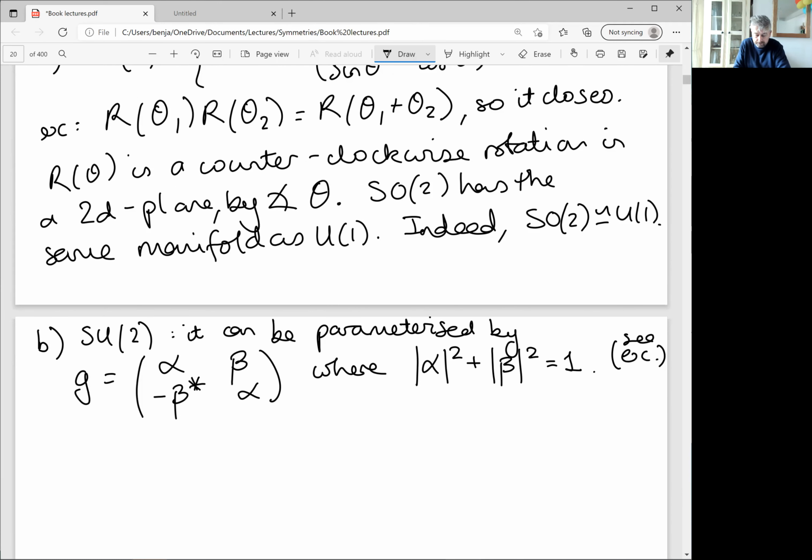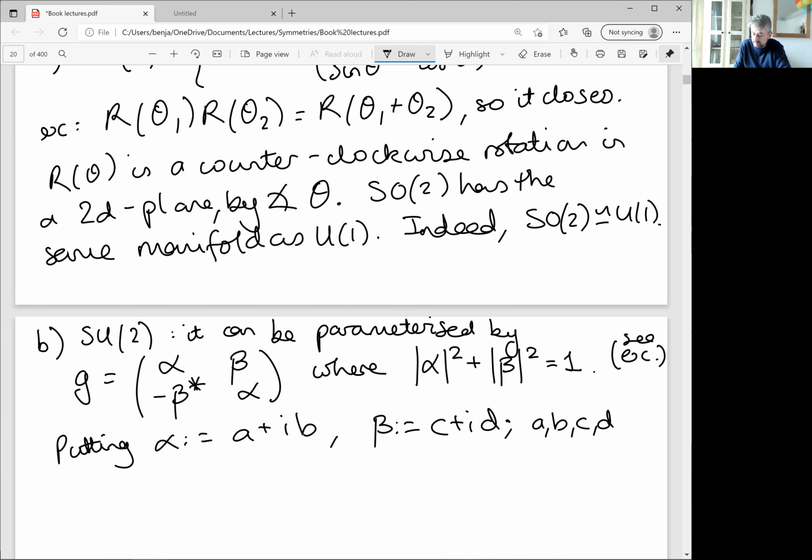And so if we put alpha is a plus ib, where a and b are real, and beta is c plus id, where c and d are real.